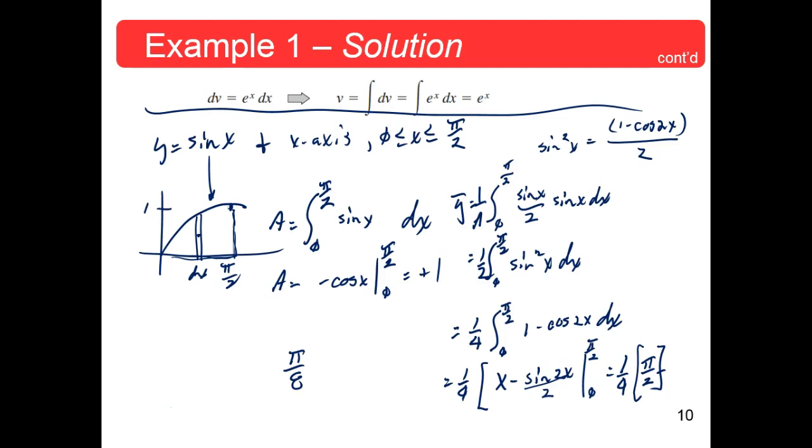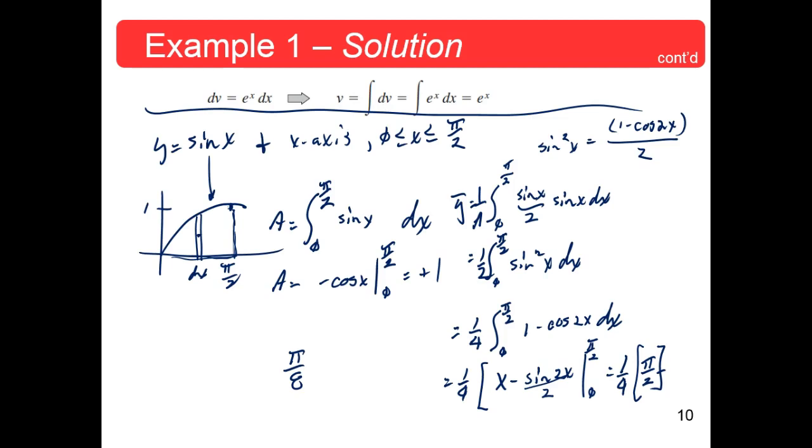And it would be something close to 3/8 of the way up. So it's less than 3/4, I mean, less than a half. Less than a half. And that sort of makes sense because there's more function down here than there is up there. So yeah, it looks like the centroid would be a little below 1/2. So pi eighths, that's the y bar.